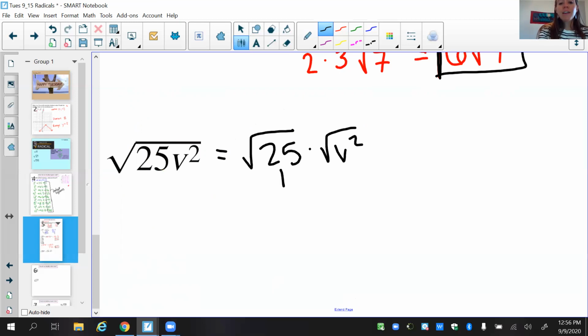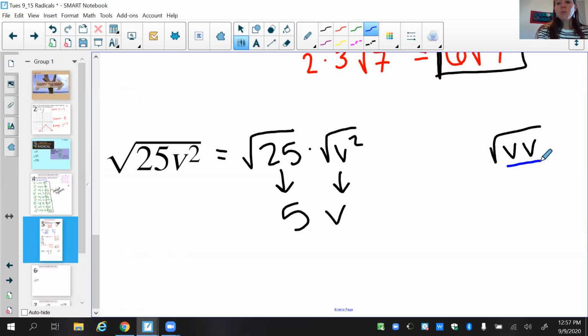Well, the square root of 25 is 5, and the square root of v squared is v. Because remember, if we have the square root of v times v, that's a grouping, so one v pulls out. Okay, so I pulled out a v. There's nothing left. This is my answer.